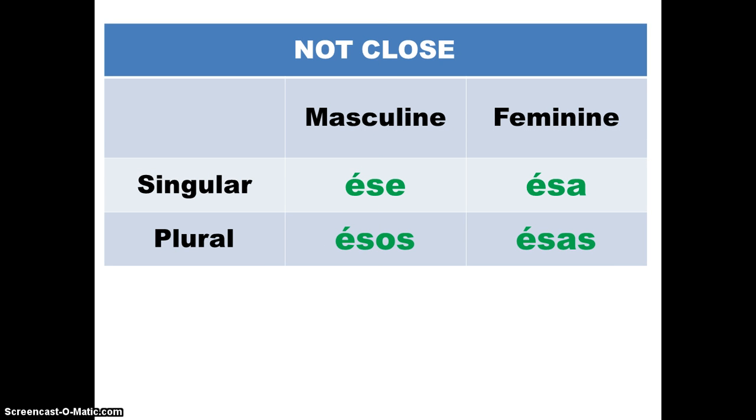If you're talking about something that's not close, again, same as our demonstrative adjectives, except we're just adding an accent on the first E. Ese, esa, esos, esas. And when you're saying these demonstrative pronouns out loud, there's really no difference in pronunciation. It's just the written accent that is there when you're writing.